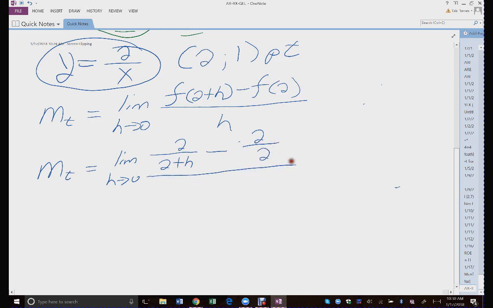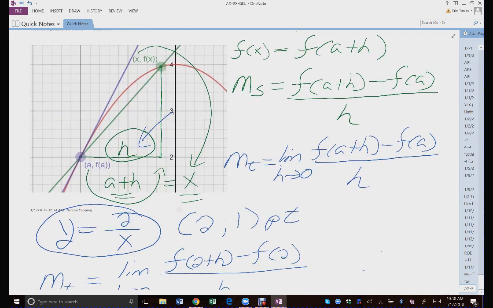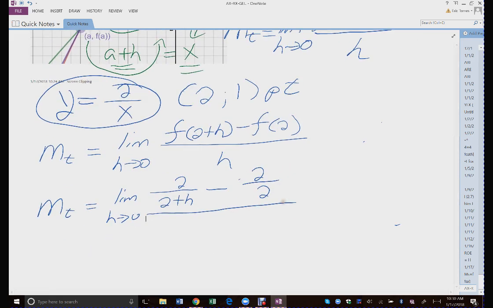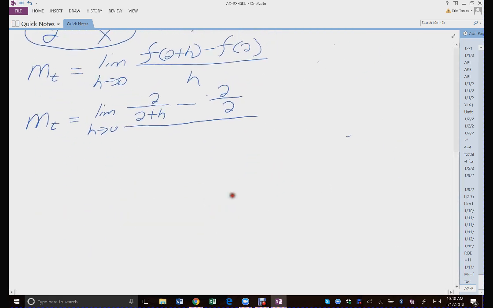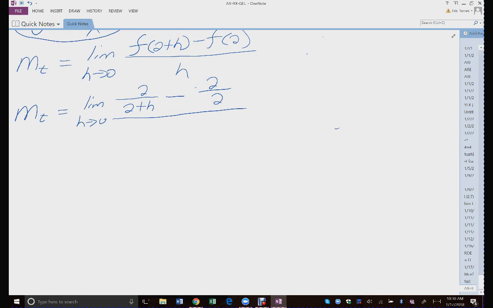all over h, which is just going to stay h. Okay. To make this happen, I need to simplify this.